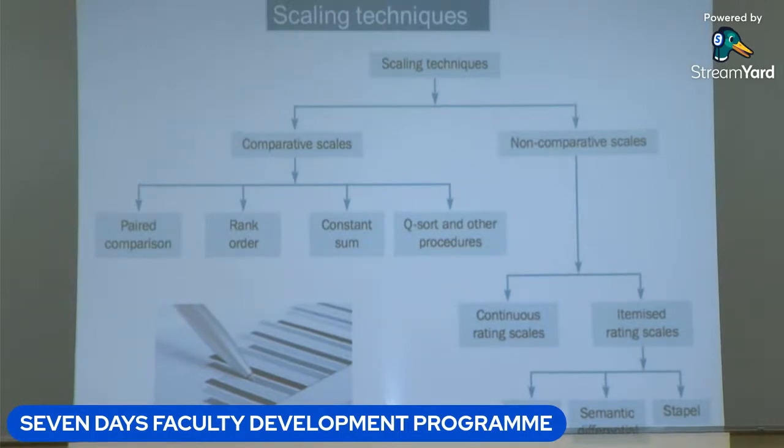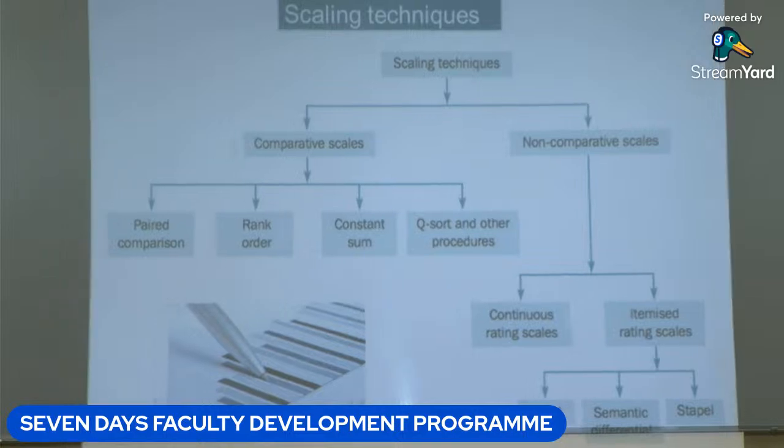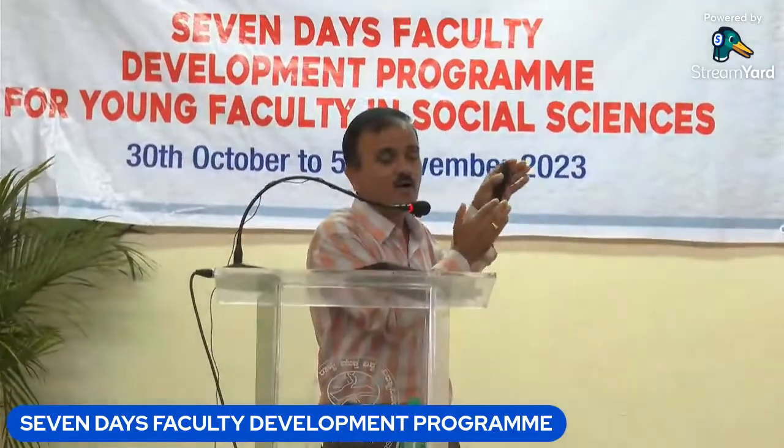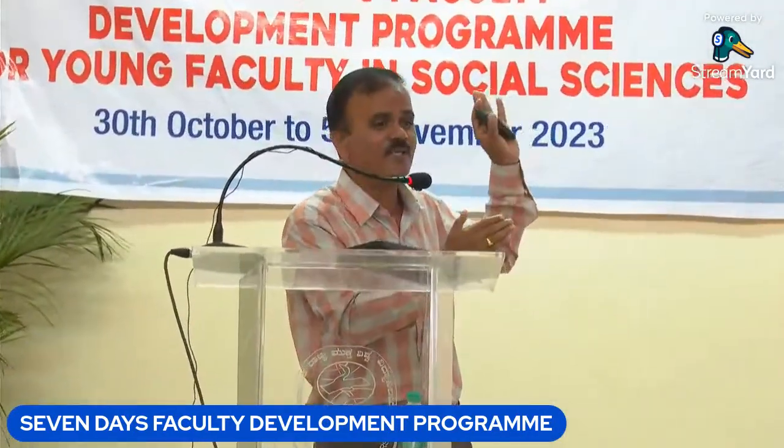Most of these scaling techniques are related to abstract forms, that is qualitative types of variables, and in particular most of them are related to the ordinal and nominal scale. Earlier we noted the nominal and ordinal scale.